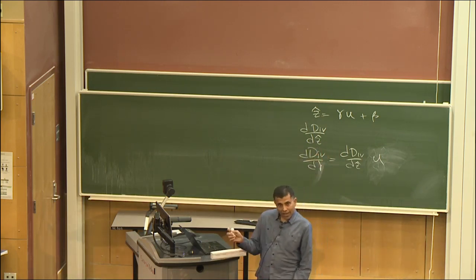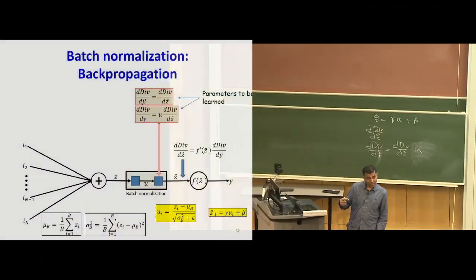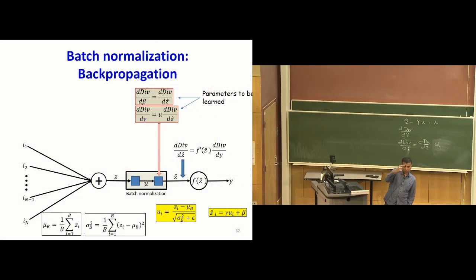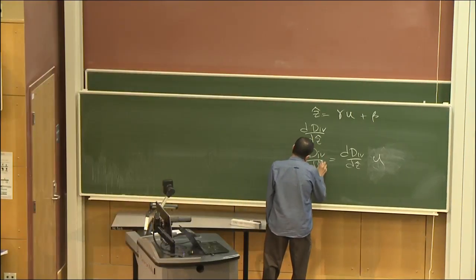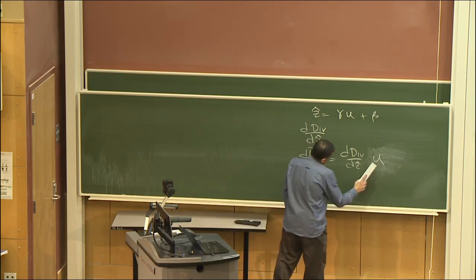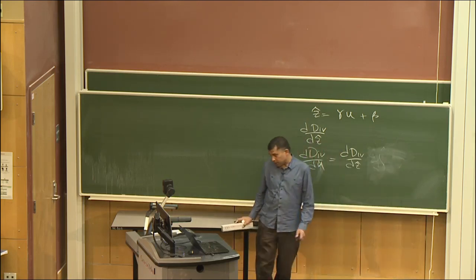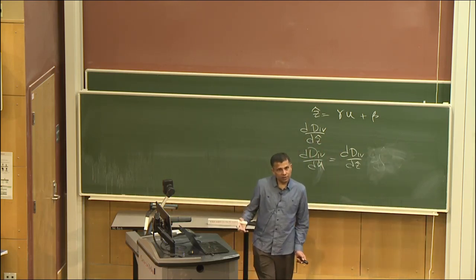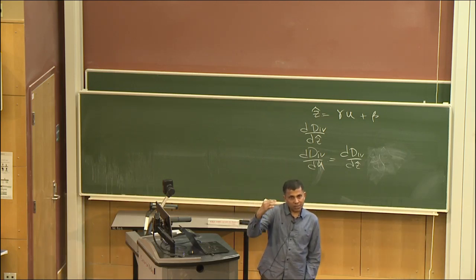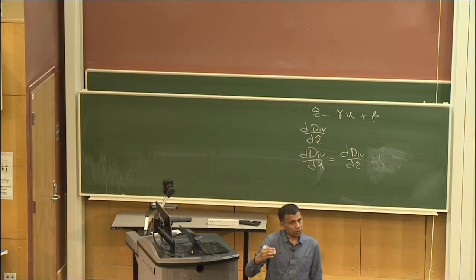And so I know how to compute the derivatives with respect to these two parameters. Trivial. But then I have to keep back propagating. What do I need? The derivative with respect to u. It's going to be multiplied by the derivative of z hat with respect to u, and that would just be gamma, right?